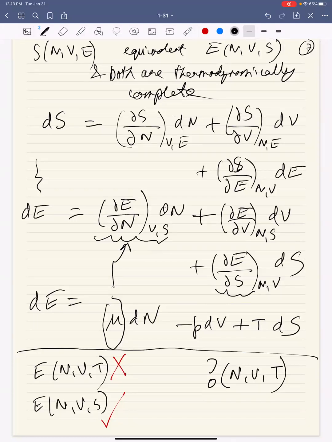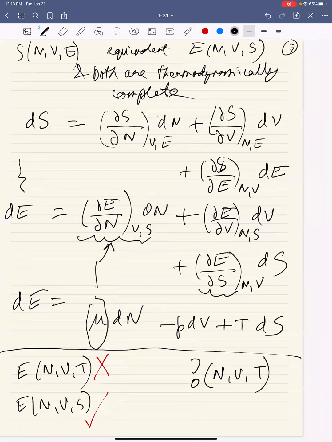What did we do for this? Legendre transforms, right? That was kind of the main thing in thermo. So how does the Legendre transform work? We know E of NVS is complete, and we want to replace this with some function that depends on NVT and that is also thermodynamically complete. Legendre transform allows us to do that.